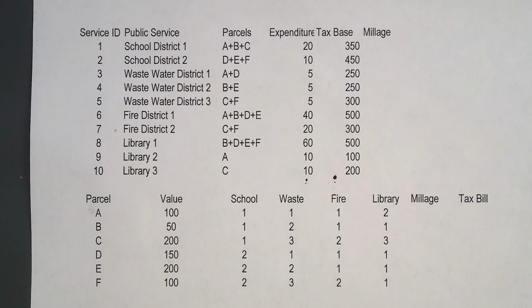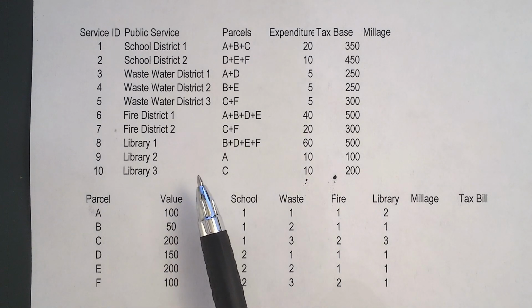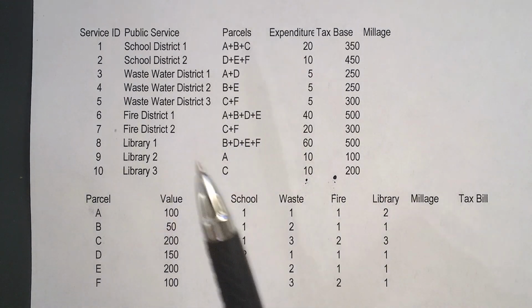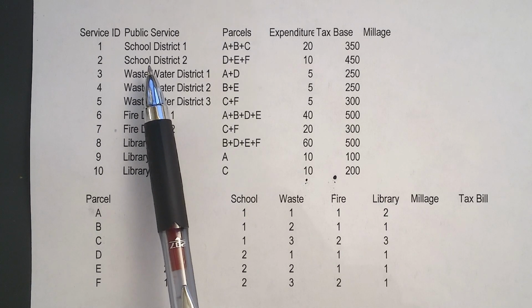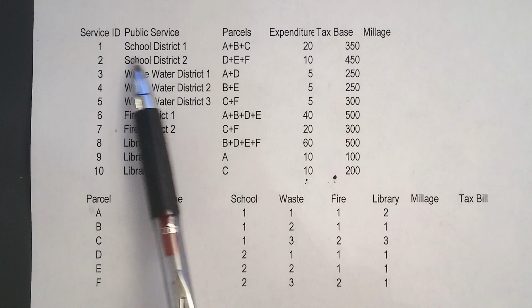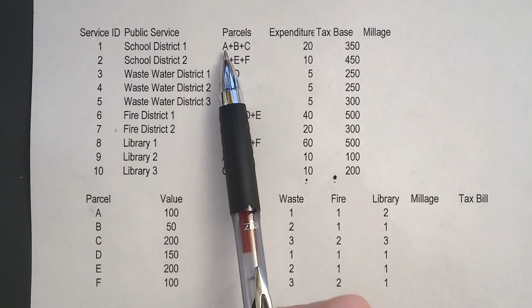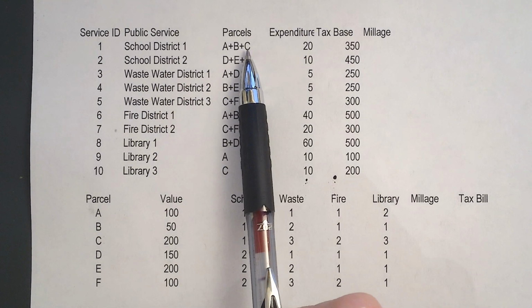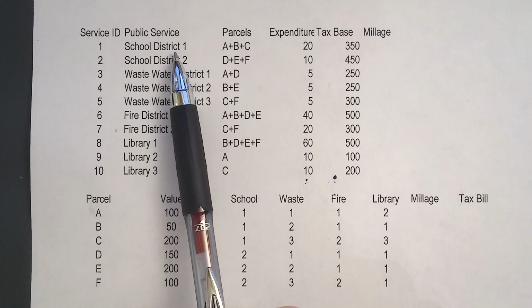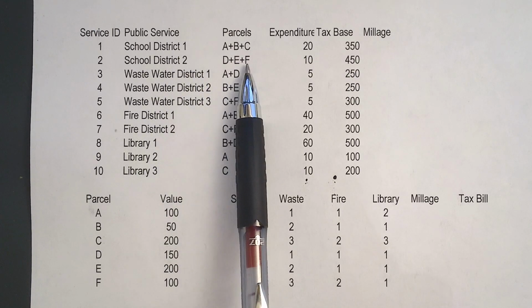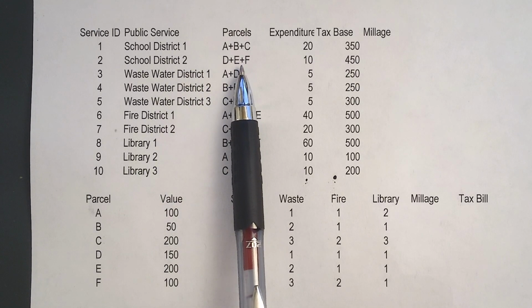So here you have a summary of the information that we have seen in the previous graph. Let us stick with the example of school districts, where you have school district 1 and school district 2, and parcels A, B, and C are forming school district 1 and parcels D, E, and F are forming school district 2.